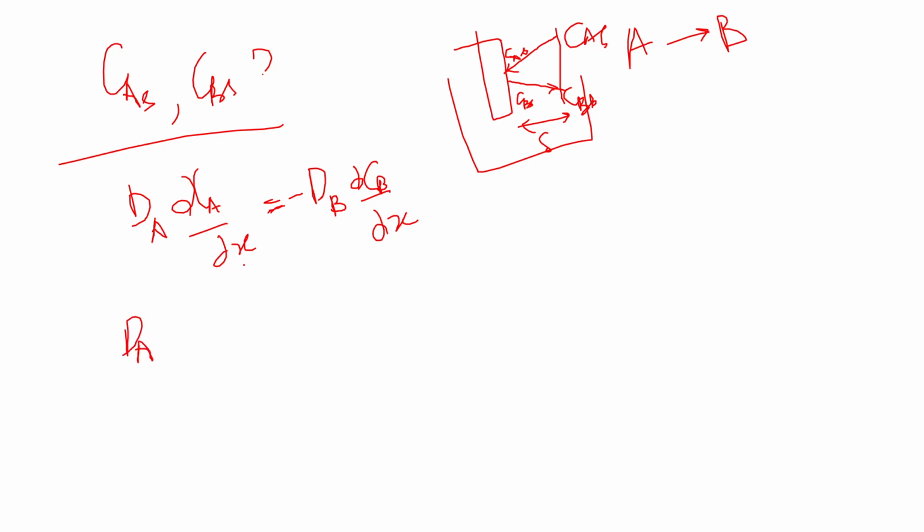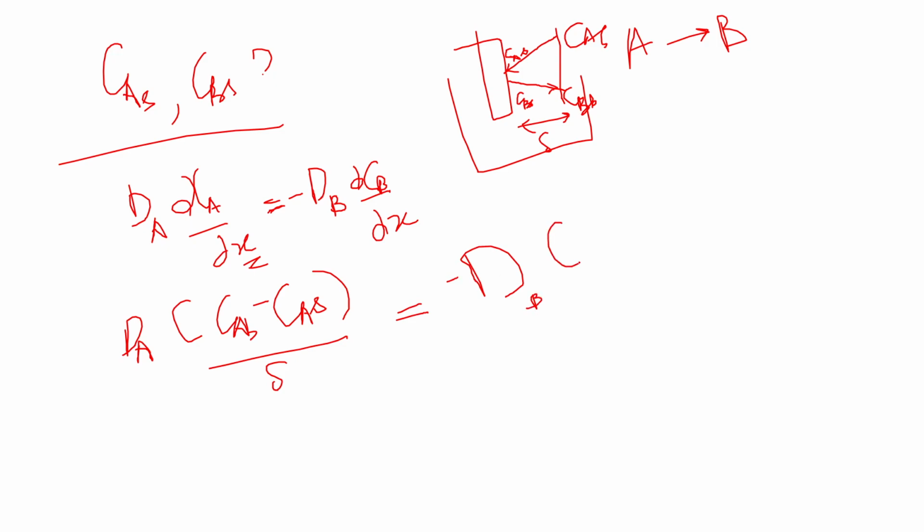So across that X, what is this X corresponding to? It is del. What is the variation? It can be something like from CAB value, it is moving to CAS by del, equal to dB times CBB minus CBS by del.